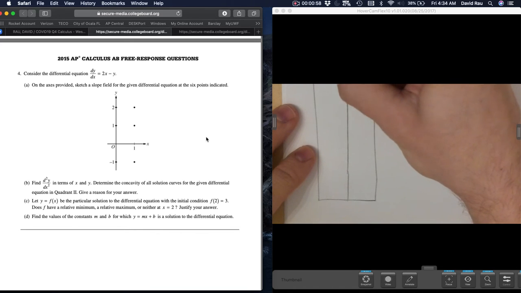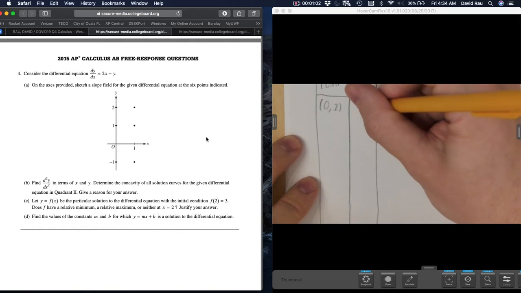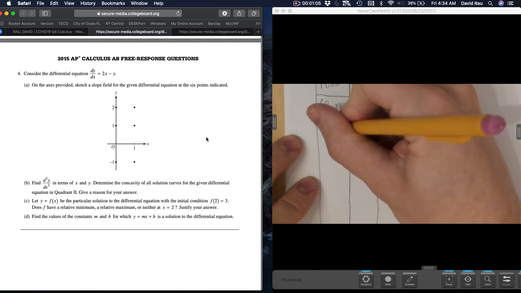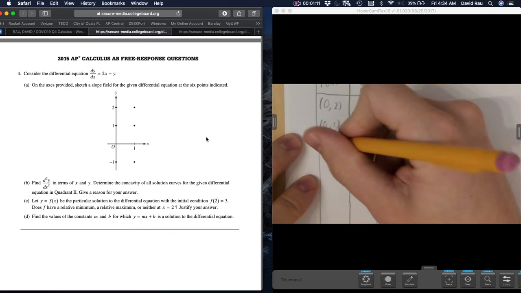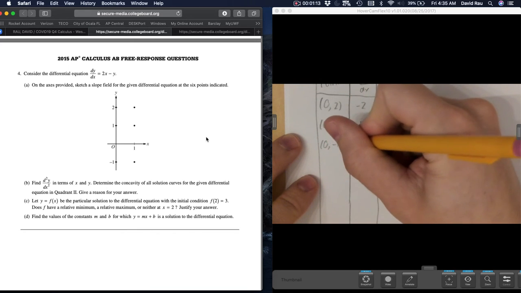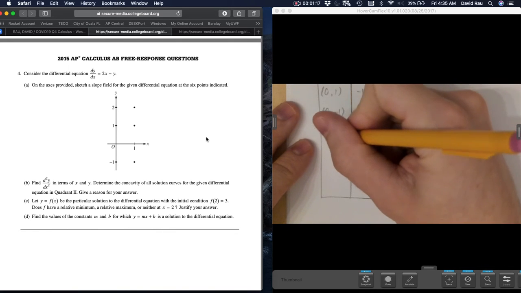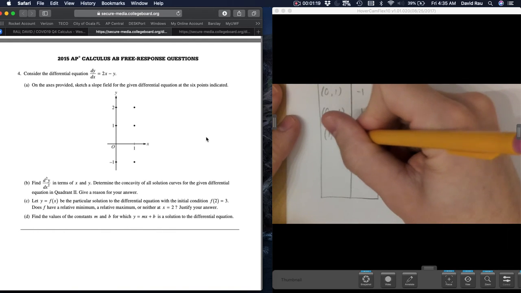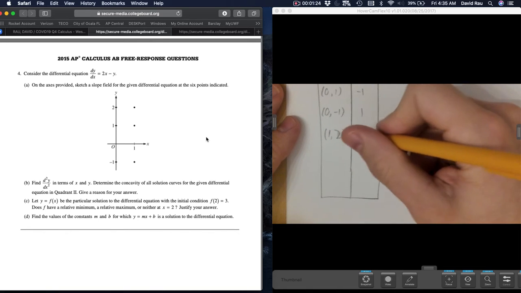So I'm going to start off with 0, 2, and so that would just be -2, and we have the point 0, 1, that would just be -1. We also have 0, -1, that would be +1. All right, then we also have 1, 1. I guess I'll start at 1, 2 and kind of go in this pattern that I've started for myself.